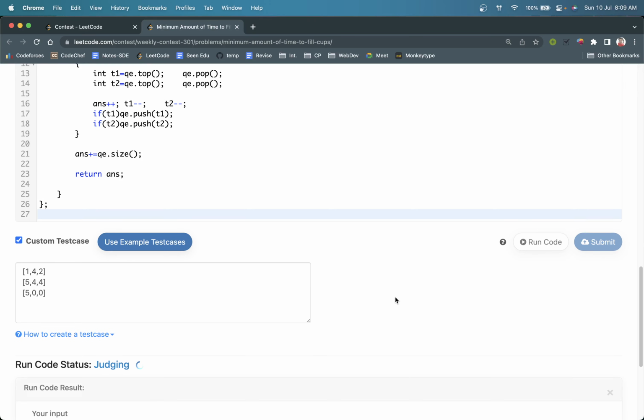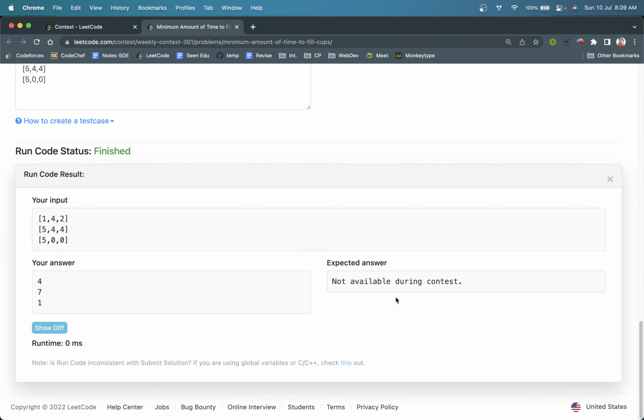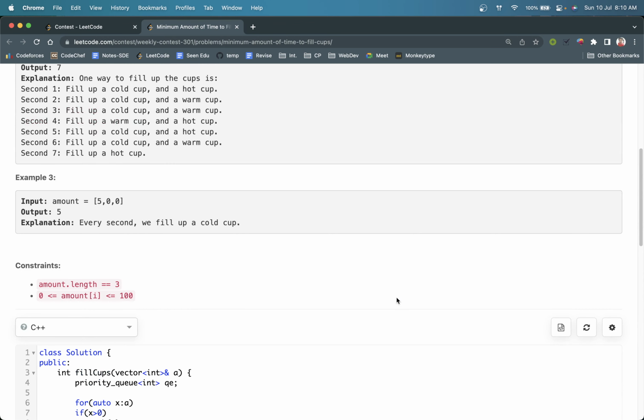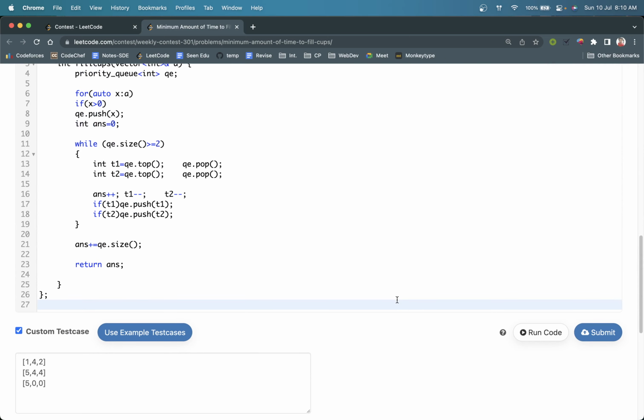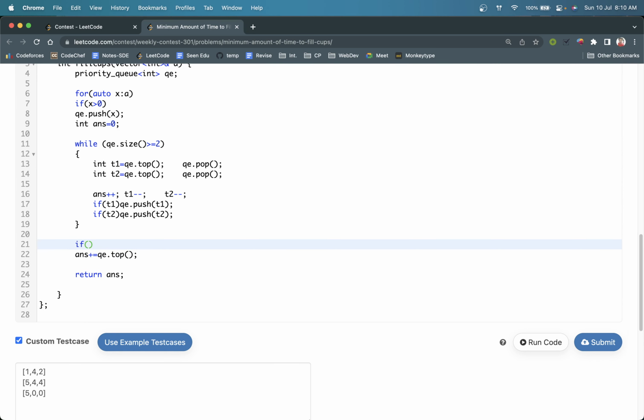Finish. 5, 5. And how is it 1 here? It should not be 1. It should be... if k not empty.